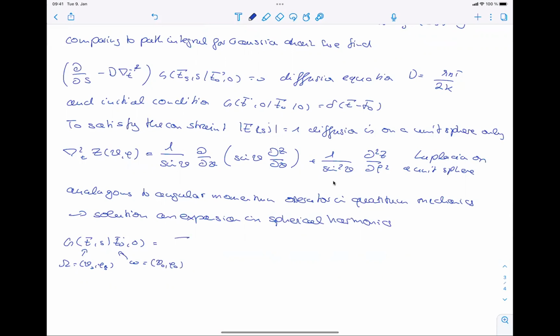And then we know the solution as being of this form that we're familiar from quantum mechanics, with Y_LM of the initial omega being the spherical harmonics.